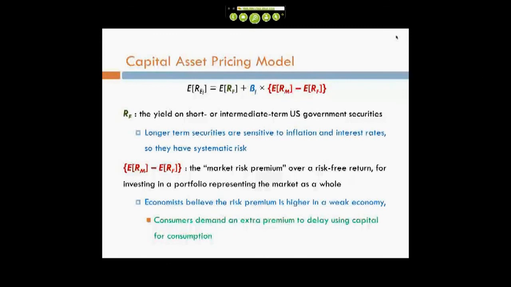And then you have your risk premium. This is the return on the overall market minus the risk-free rate. This risk premium might be higher in a weak economy, actually. It's kind of counterintuitive, because the market is a consumer who wants to use its money to pay for food, water, things like that.